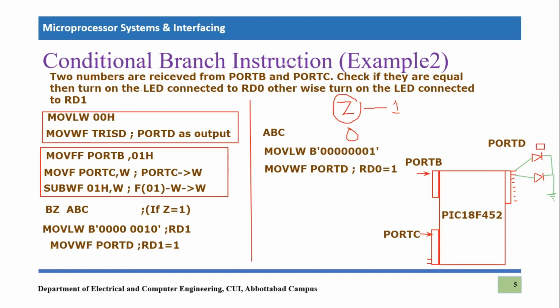But if that condition was not true, we will jump to this part, and we will write this data in the working register, and this one bit is high, so that we can send it to port D, and then this specific LED will turn on. But after this we would eventually arrive at the ABC state, which should not run because this is already run.